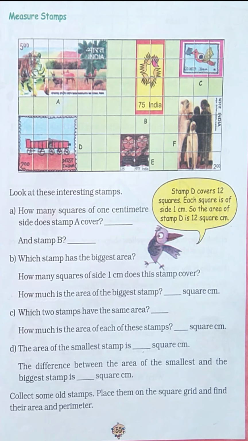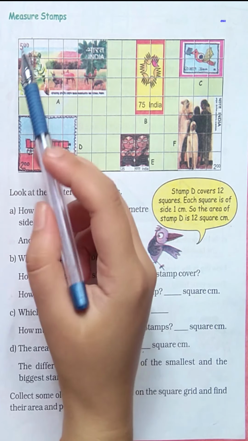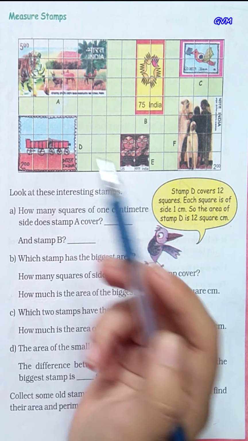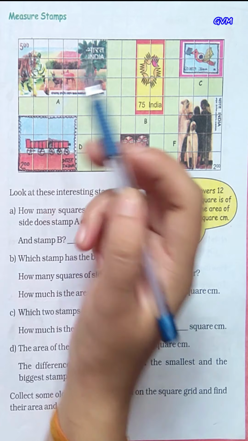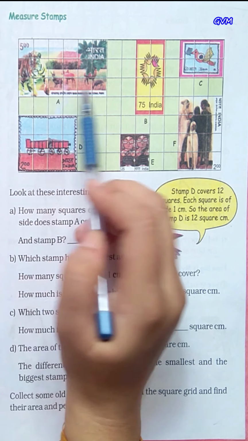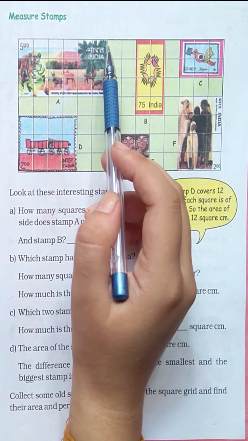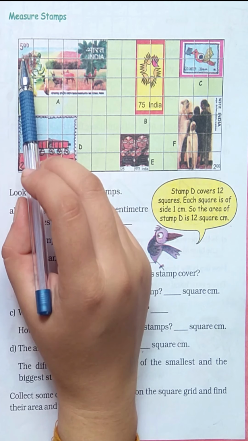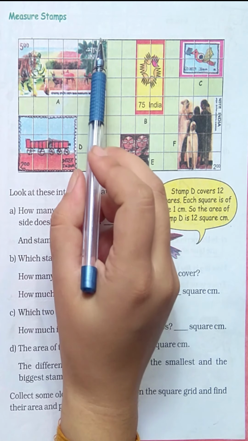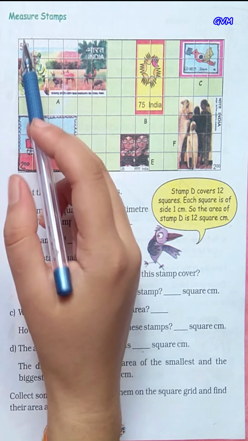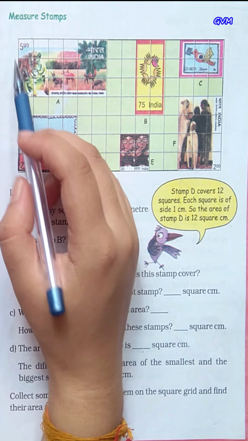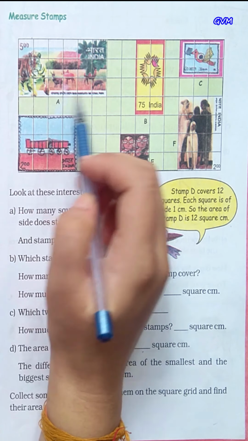Next we have measure stamps. We have different types of stamps in here. Now you can measure the area. How? Just look at the first stamp given in your textbook. We can see that this stamp is covering some squares. This sheet is made out of squares and this first stamp is covering some squares.